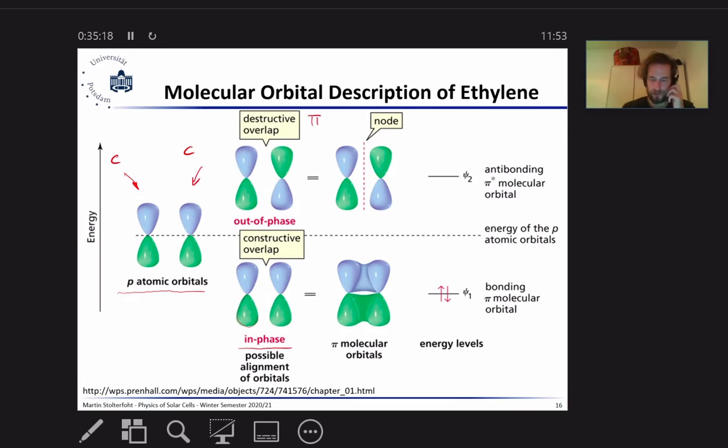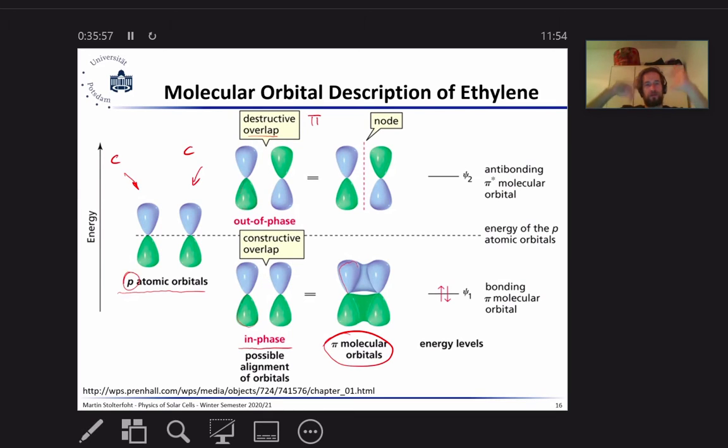And so where the positive probability of occupation is upwards, and that is from this is the representation of the pi molecular orbital, and the pi star orbital forms by a destructive overlap of these two p orbitals, right?